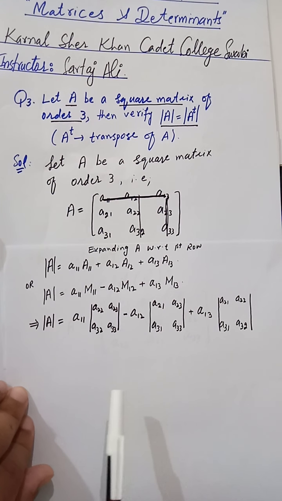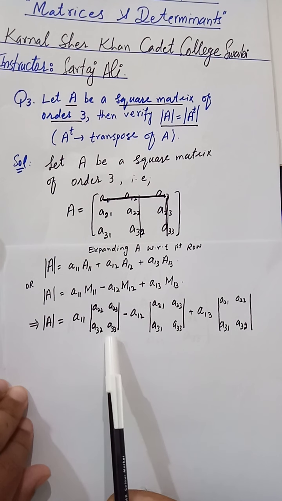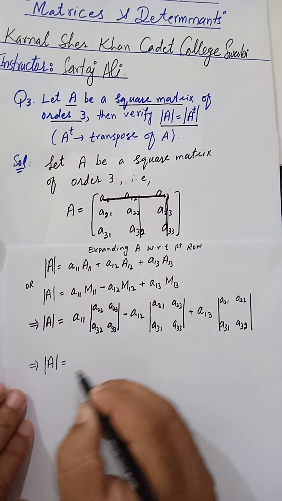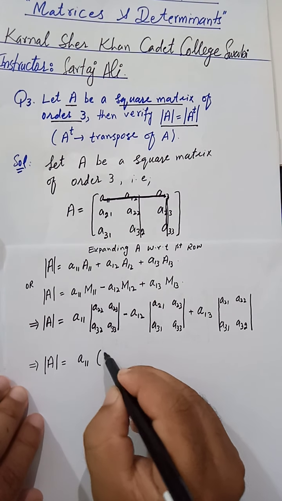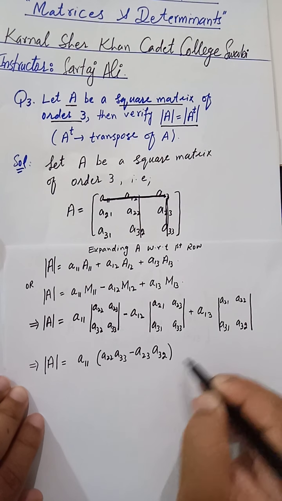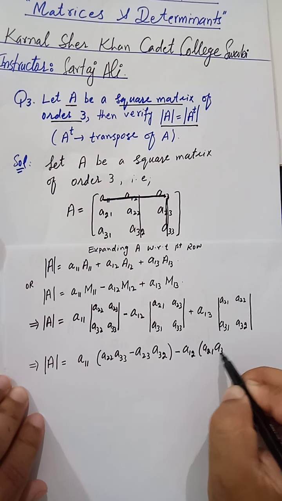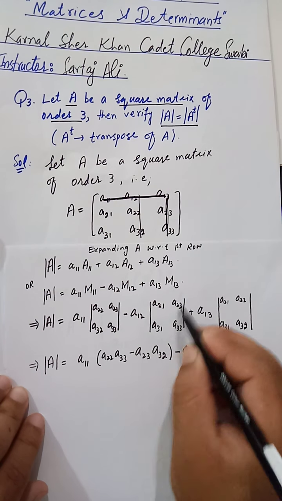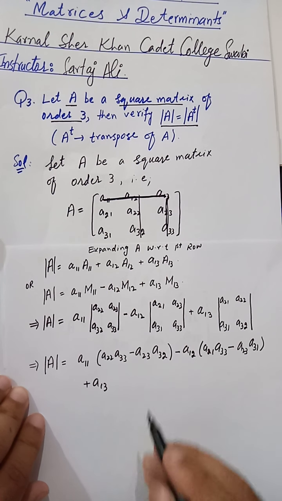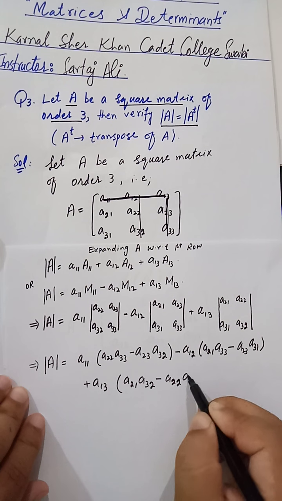Now you see that these are determinants of order 2 by 2. The definition for the determinant of order 2 by 2 is that you multiply the diagonal elements, then put a minus and multiply the non-diagonal elements. So the determinant of A will be equal to a11 times (a22 a33 minus a23 a32), minus a12 times (a21 a33 minus a23 a31), plus a13 times (a21 a32 minus a22 a31).